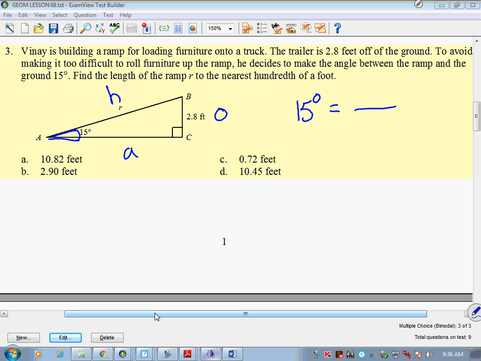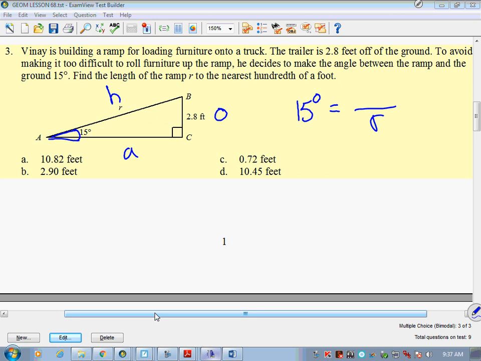I'm trying to solve for r. What is r? Hypotenuse. Now, in both trigonometric functions that use hypotenuse, where is it located, at the top of the ratio or the bottom? Bottom, because it's opposite over hypotenuse and adjacent over hypotenuse. So I know that I'm going to wind up with r on the bottom.